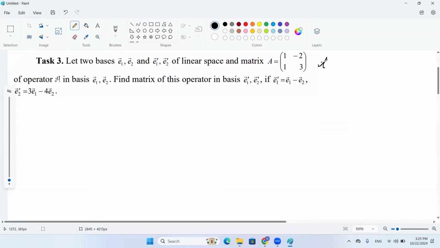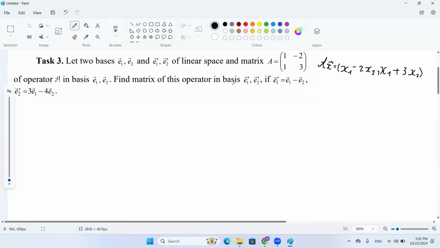So it will look like the next: Ax equals x1 minus 2 x2 and x1 plus 3 x2. So it's just another form of recording, and it will be useful for us in this task to use the matrix form of the operator.